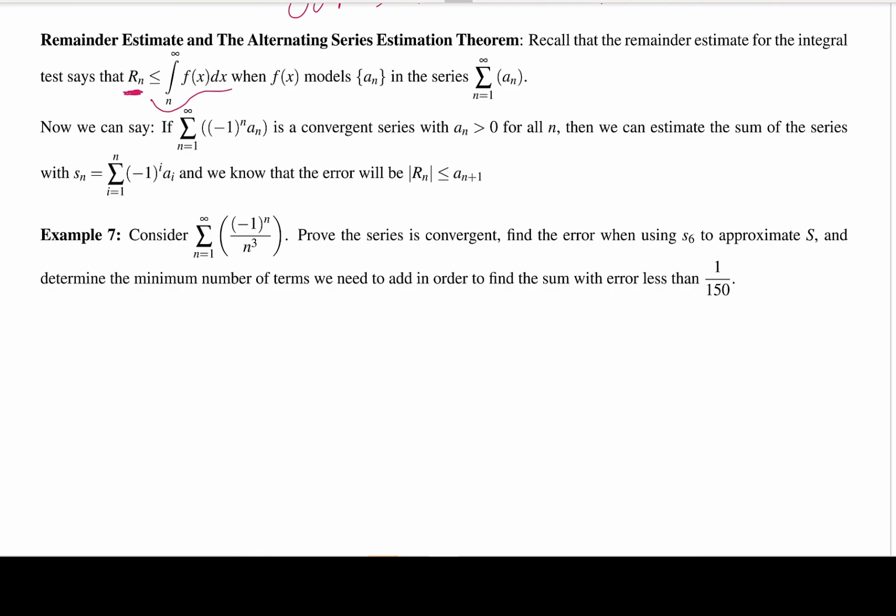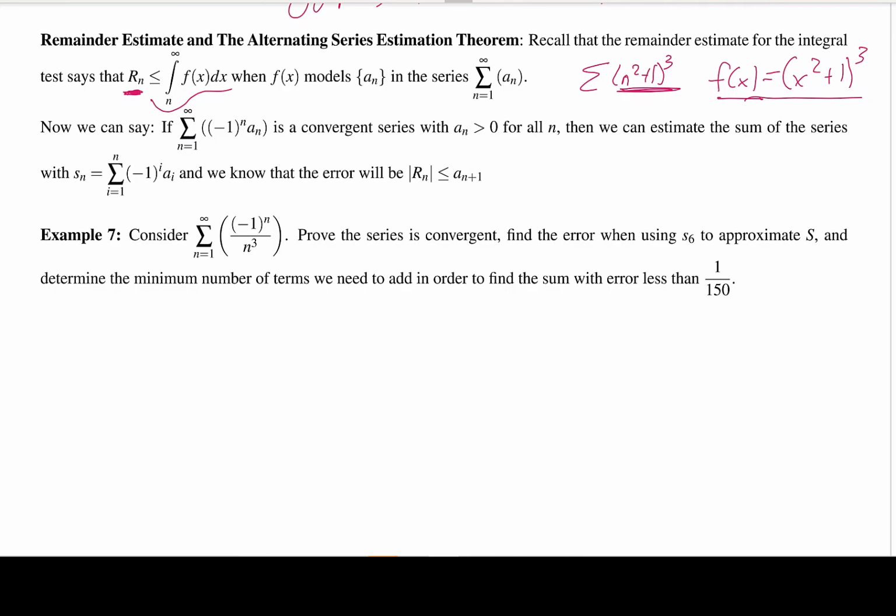And remember, we had f of x model a sub n, right? So if we were given something like n squared plus 1 cubed, then our f of x was x squared plus 1 cubed. Because when x is equal to n, these two values will be the same.